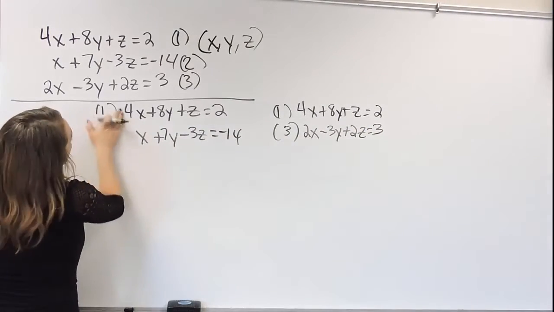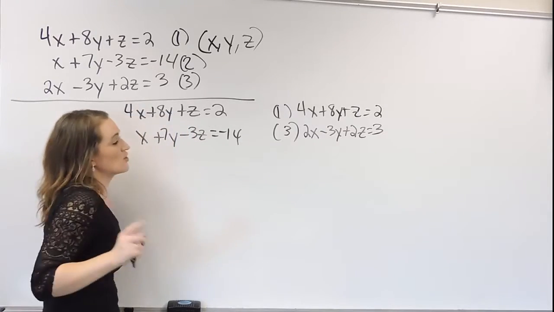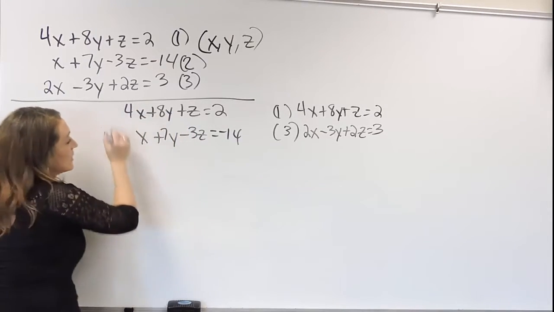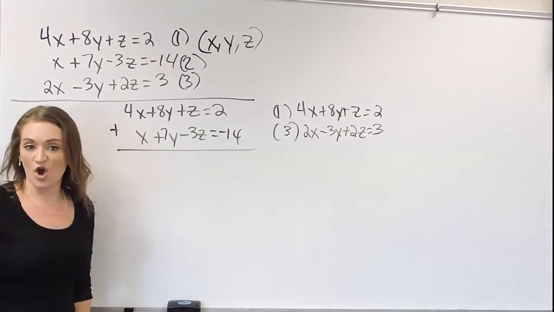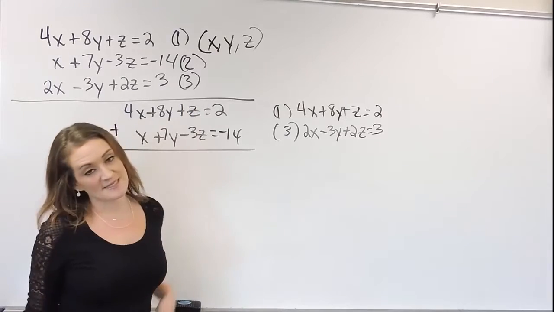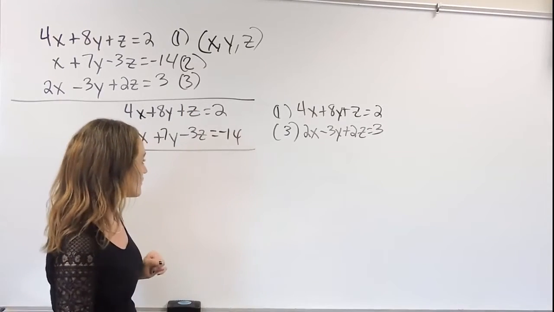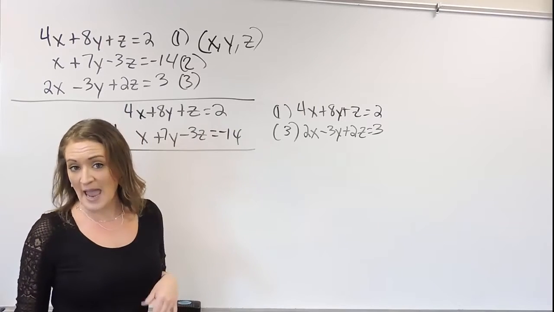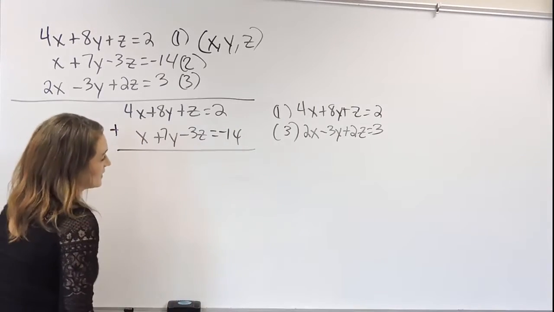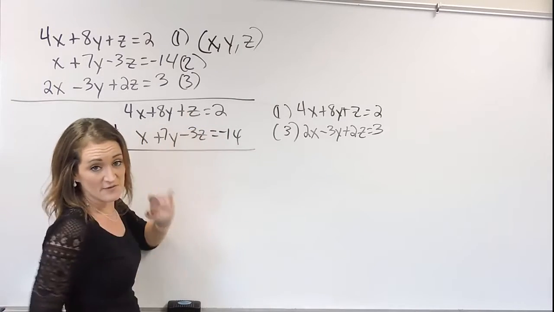Elimination is where we add our equations in the hope that something cancels. Now, 1z minus 3z is negative 2z. Nothing's going to cancel if I straight add these two together, so I need to multiply at least one of my equations by something. Since this is a negative 3, I want to make the other a positive 3.